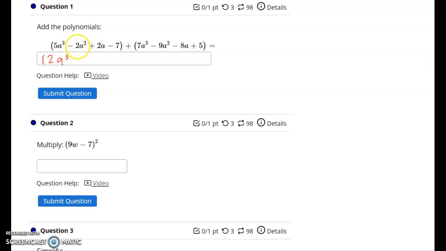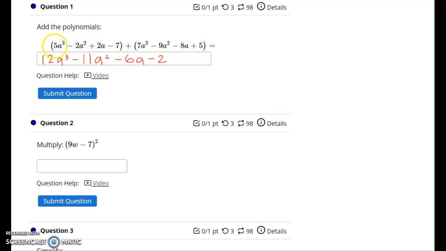So you're minusing 2a squareds and then minusing 9 more a squareds. So total, we're going to minus 11a squareds. We're adding 2 a's. We're going to minus 8 a's. And so if we're up 2, we go down 8, we'll be down 6 a's. And then minus 7 plus 5, we end up with minus 2.